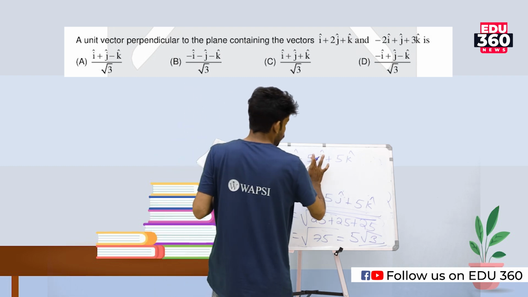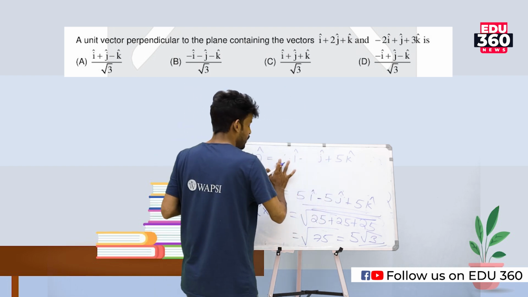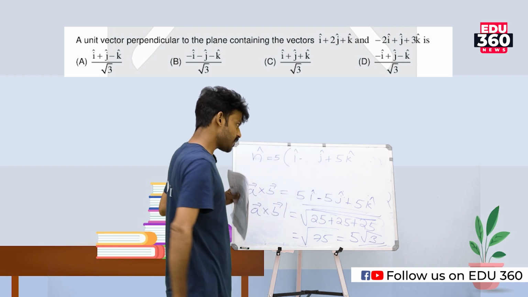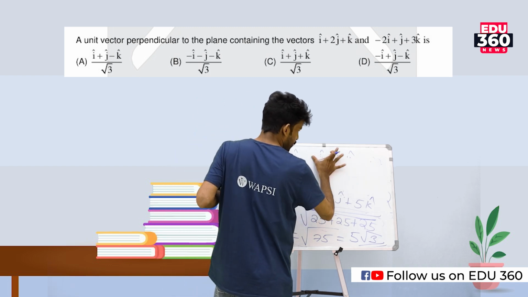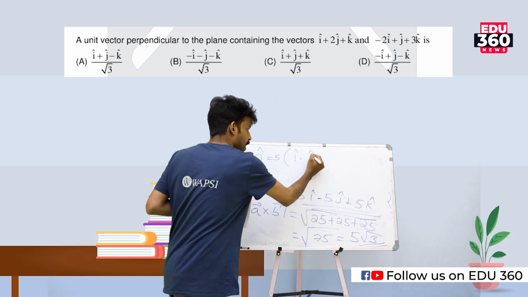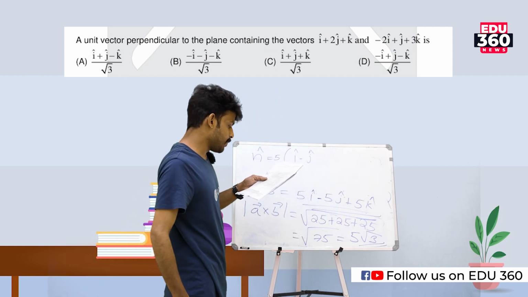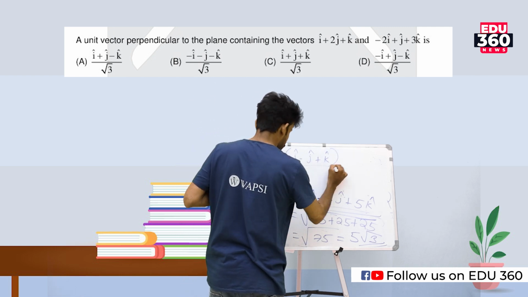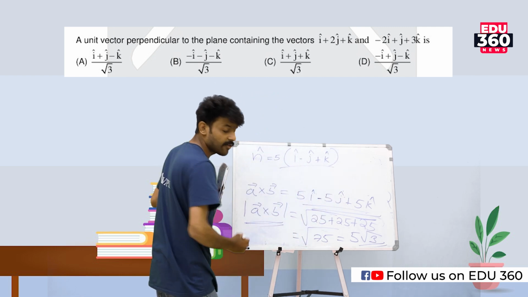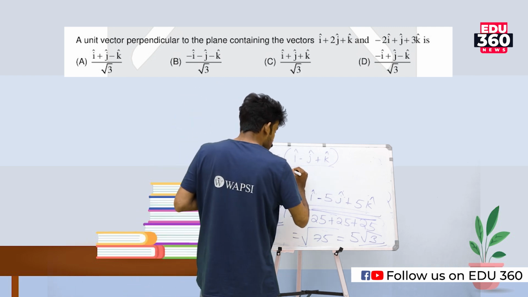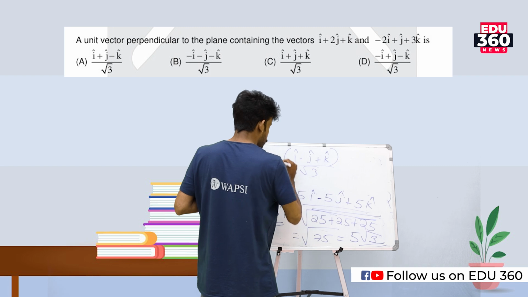From this we can take 5 common outside. So 5 into i cap minus j cap plus k cap divided by the modulus of A vector cross B vector, the value is 5 root 3. So we can cancel this.